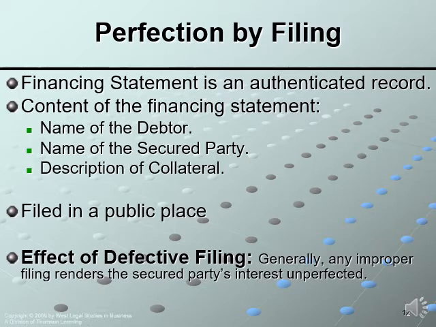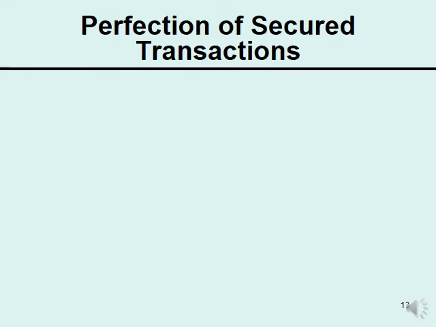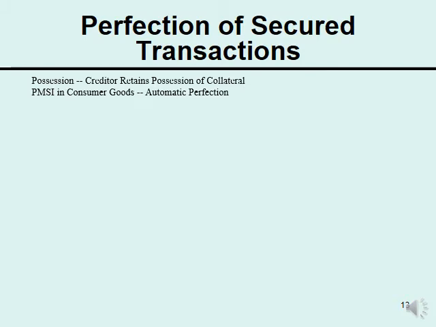So if it's seriously misleading, it's something that if you were to search, you could not tell that the perfection has actually occurred. An example of that may be not using the proper name of a debtor in your financing statement, such that a party that searched could not tell that that was the debtor.